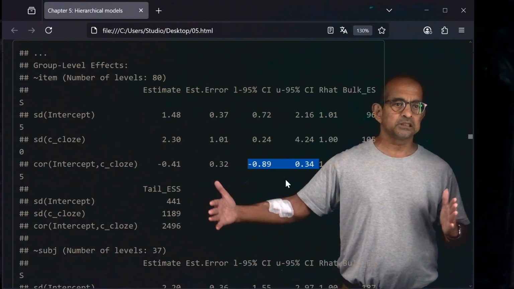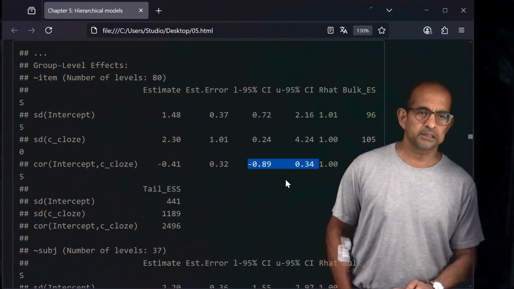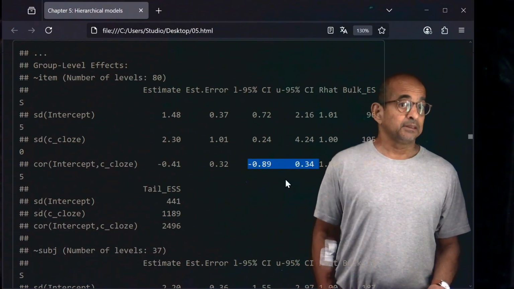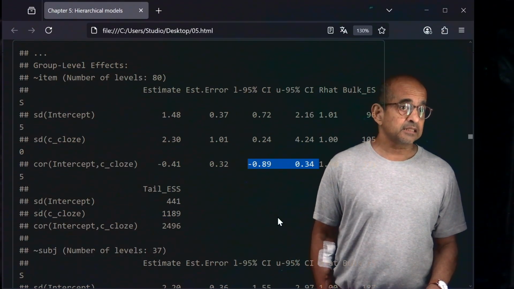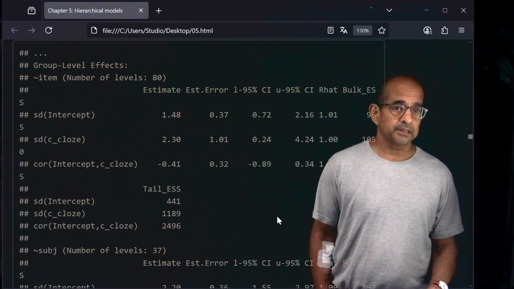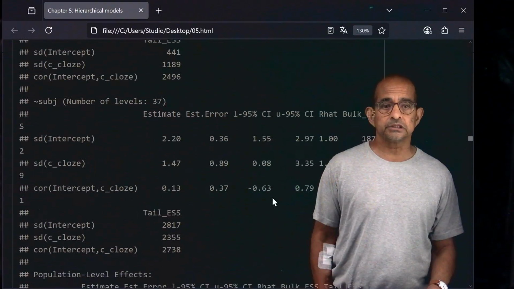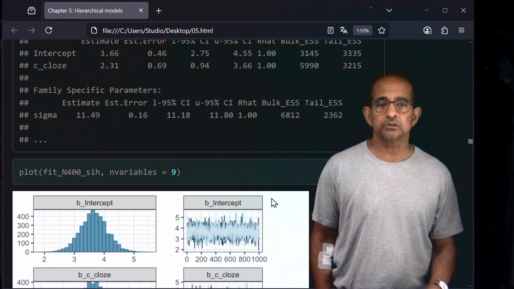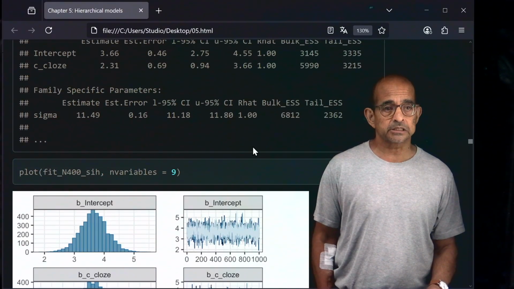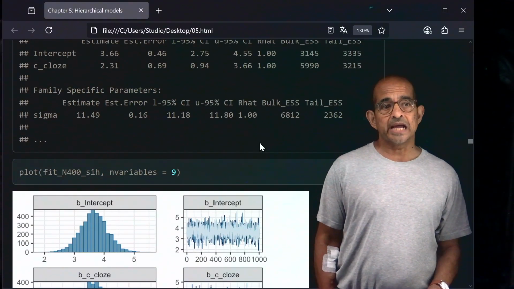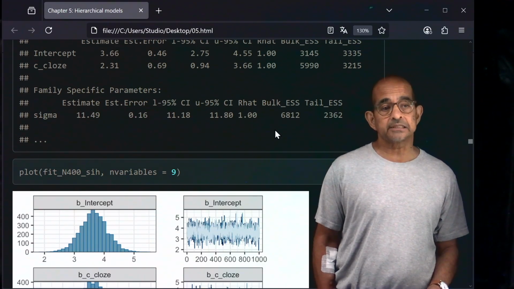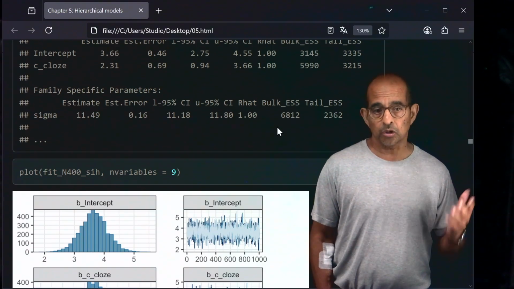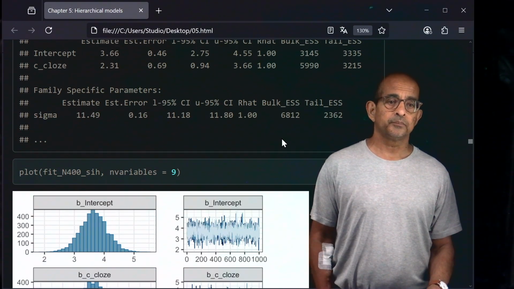So the uncertainty is very, very high in this estimate here. But the model does estimate posteriors for everything, right? So it doesn't give any convergence warnings or anything like that. And so we are able to fit these complex models because of the fact that we have regularizing priors defined on all the parameters here.